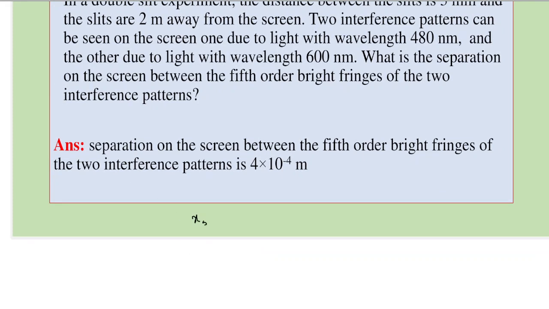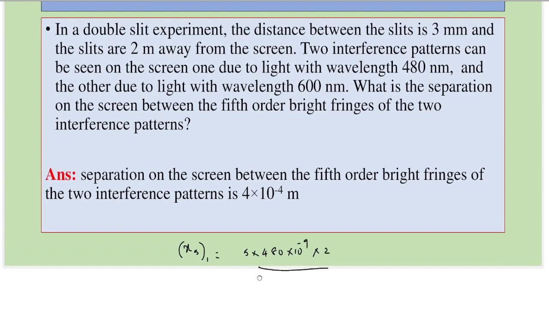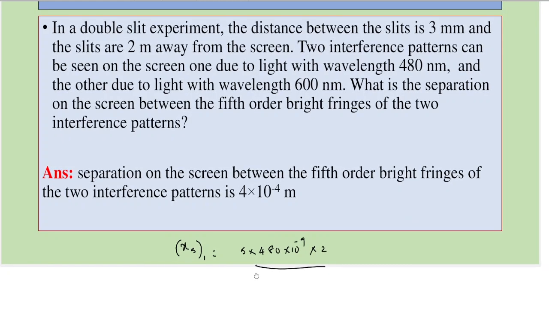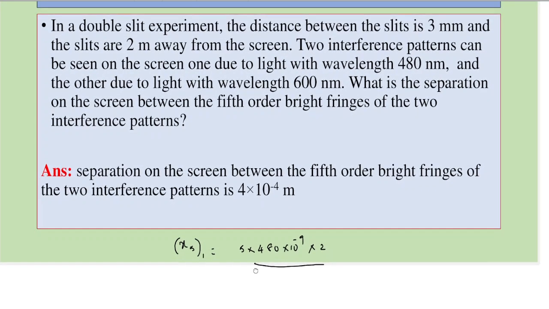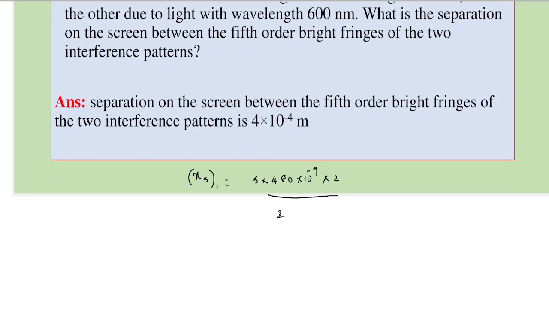So x fifth for the first wavelength will be equal to 5 into lambda, it will be 480 into 10 power minus 9, it's nanometer, into capital D, which is given as 2, that's the distance between the slit and the screen, and small d is given as 3 millimeter, so it will be 3 into 10 power minus 3 meter.